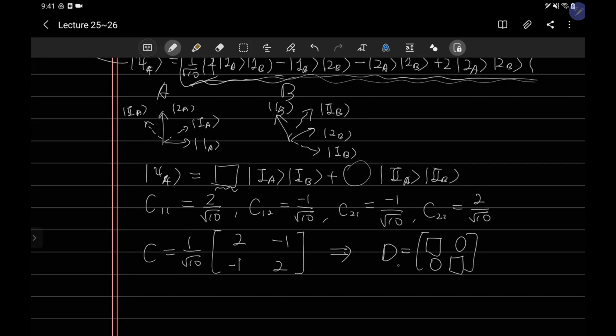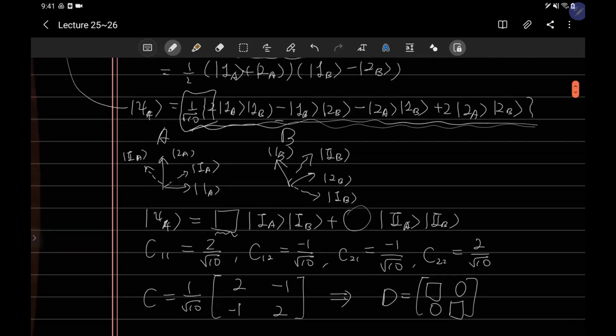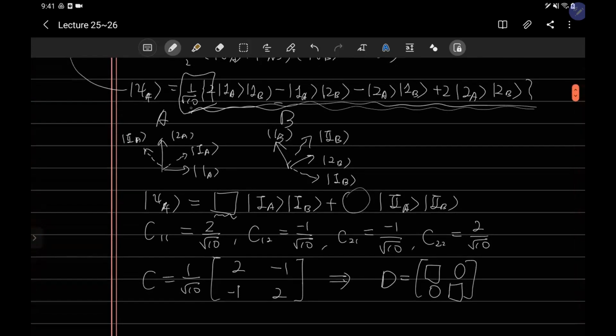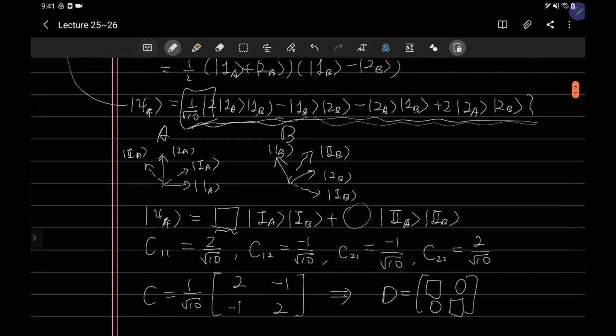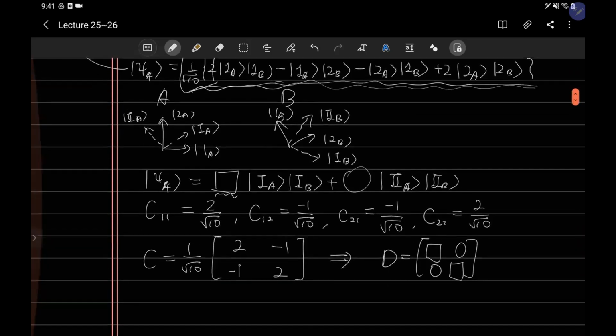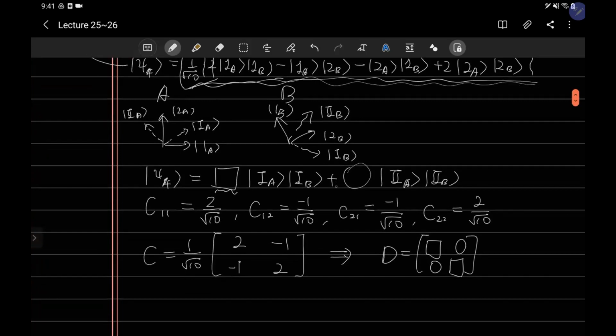So if you can find some unitary transform or basis transform which will change this kind of matrix into this one, that means that I will only have the non-zero component in front of this one and this one. Well, it is not exactly true, because these are the original bases, and what I have to do is find out new bases.